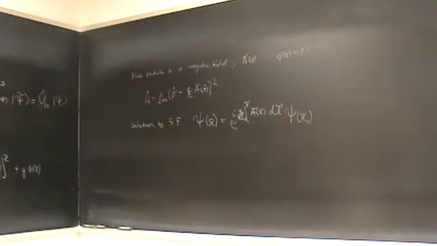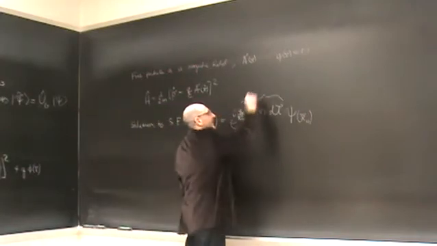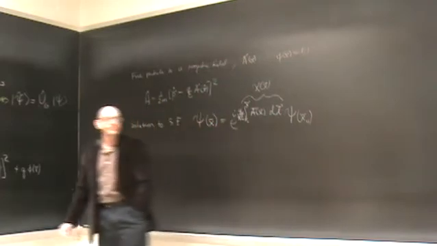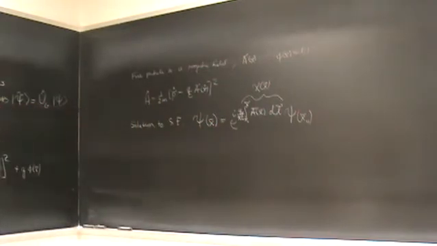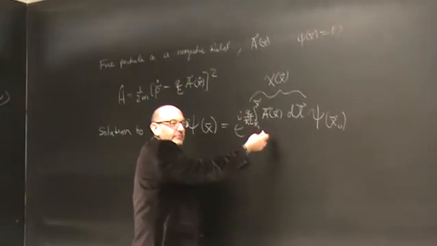In other words, I can gauge away the whole vector potential, right? This is like my chi of x. If I take the gradient of that function, I get the vector potential, okay?